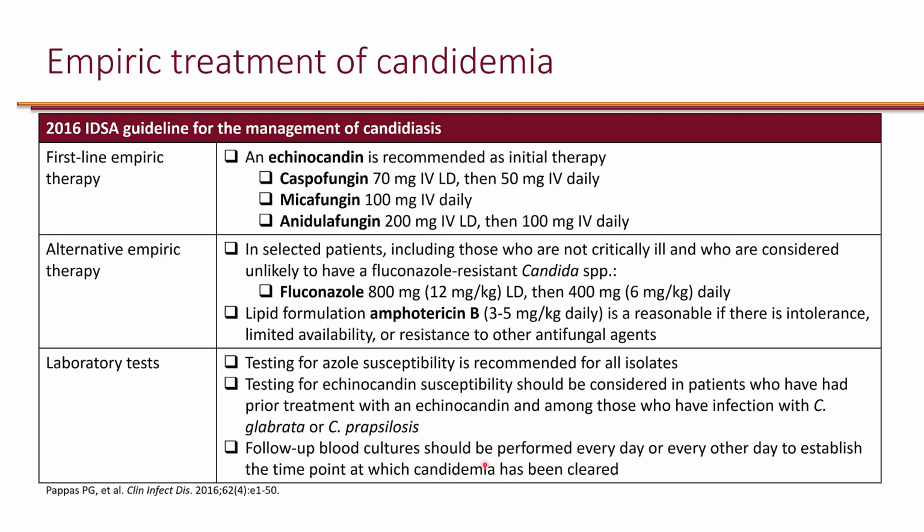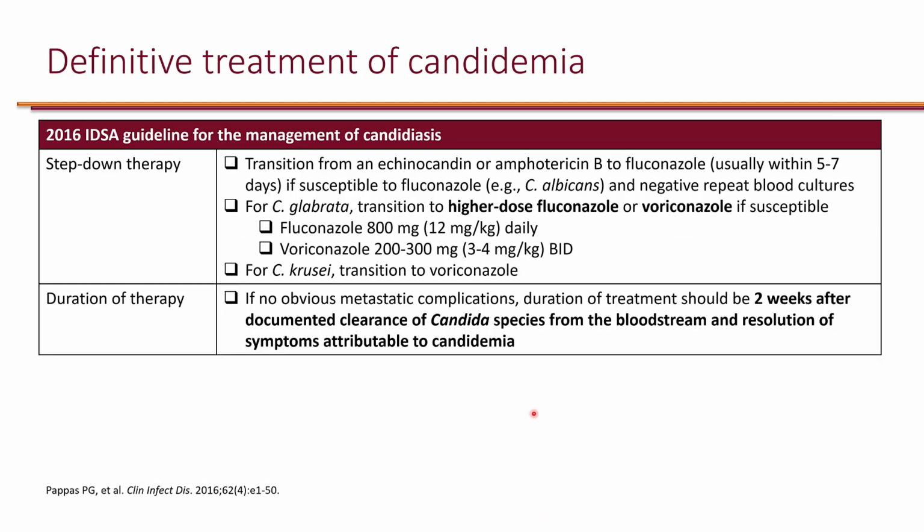If you keep getting daily cultures and the culture continues to be positive, your day 1 hasn't started yet, even though you've been giving echinocandin to the patient. But on the day that you have a negative culture, that's where you mark it as day 1. And then, if you are to treat the patient for 2 weeks, you treat for 2 weeks starting from the day that the follow-up culture was negative.